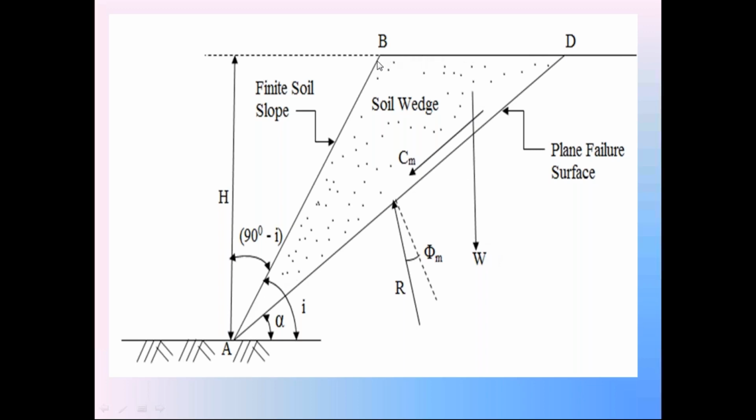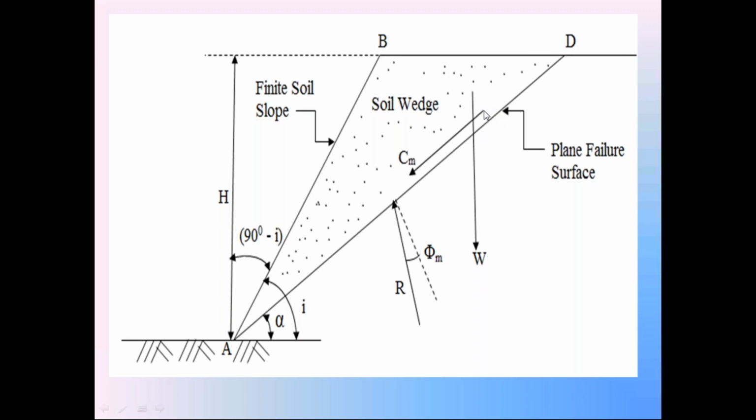Then the second force is at the instant of failure of this soil wedge. The cohesion developing in the soil wedge is called mobilized cohesion, acting in the downward direction. This is unknown. Dear students, please focus on this. This is an unknown value, not a known value. Nobody knows what this CM value is, but we have the procedure to find out this CM value.